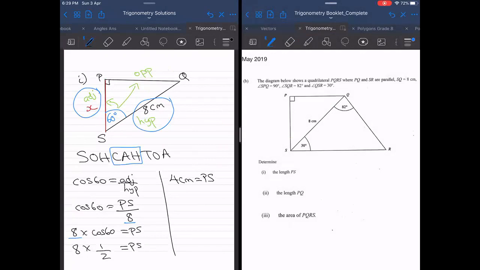However, because these lines are parallel, look on the right side of the board. Because these lines are parallel, and I'm assuming they're horizontal, if this straight line up the top makes a 90 degree angle, then this one here also has to be 90 degrees.